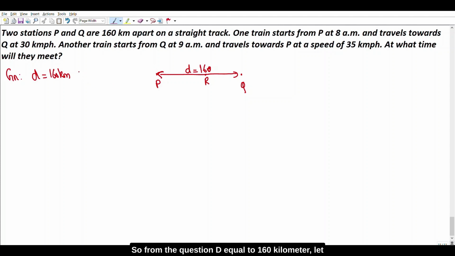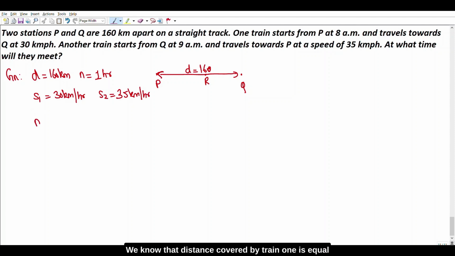So from the question, D equal to 160 kilometers. Let the time difference between the starting time of the first train and second train, N, be equal to 1 hour. Let S1 be equal to 30 kilometers per hour and S2 be equal to 35 kilometers per hour.